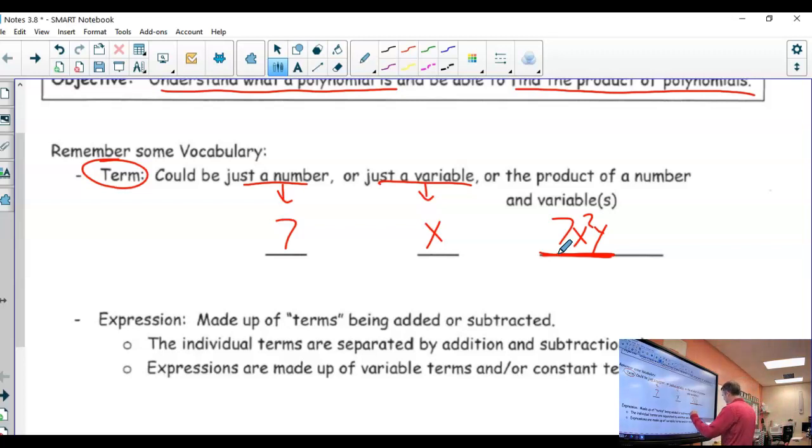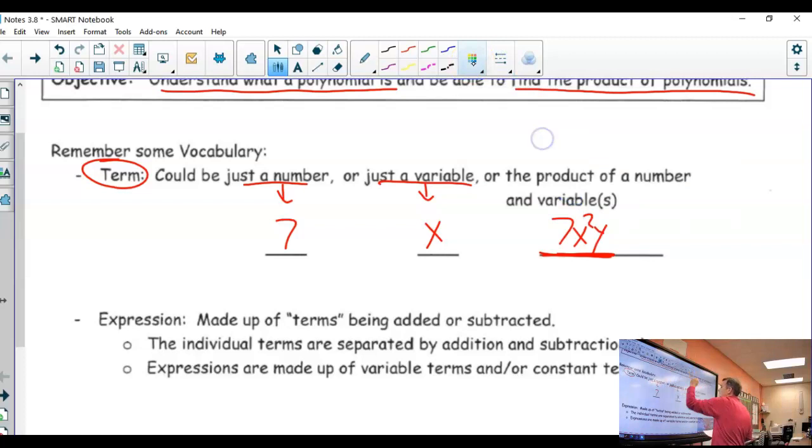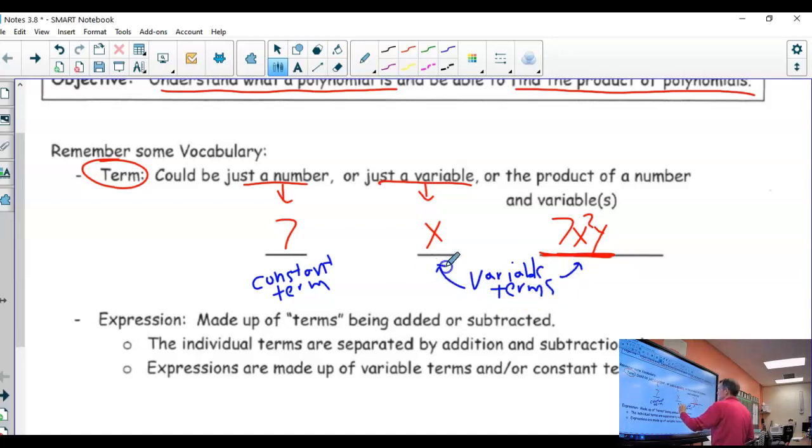Something I would point out here is that there are two types of terms. Let's do this in a different color for the heck of it. So this is called a constant term, whereas these guys are called variable terms for the obvious reason they have variables in them.